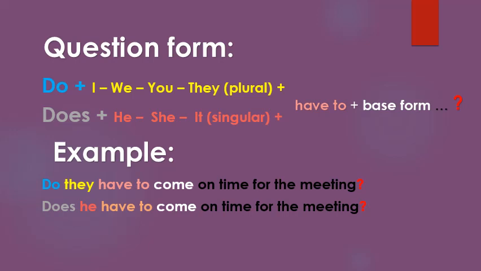Why? Because the subject is singular. And for both sentences, we add have to plus verb 1 or base form. Okay, so let's repeat it again. In the negative form and question form, just we add have to plus base form.